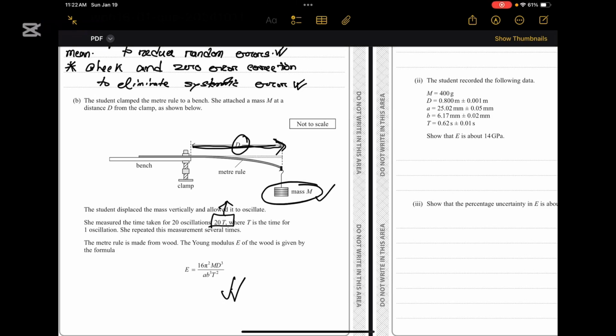Because the time taken for this mass to oscillate at this distance from the meter rule is 20t. So if the distance is increased, then the time taken for the oscillation will also increase. So as the t increases, this is our measured value, so our measured value will increase.